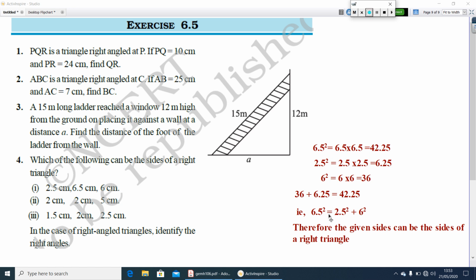That is, the hypotenuse square is the sum of the squares of the legs. Therefore, the given sides can be the sides of a right triangle. Remaining questions, do in the same way.